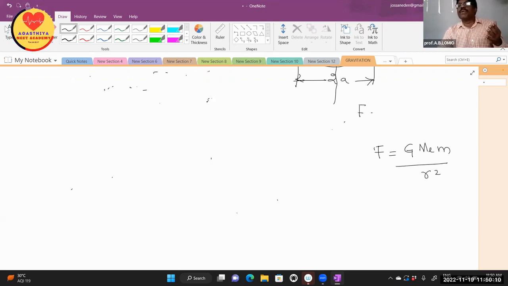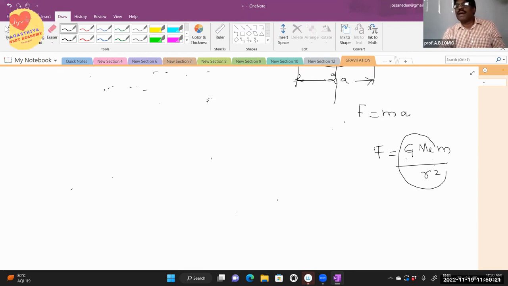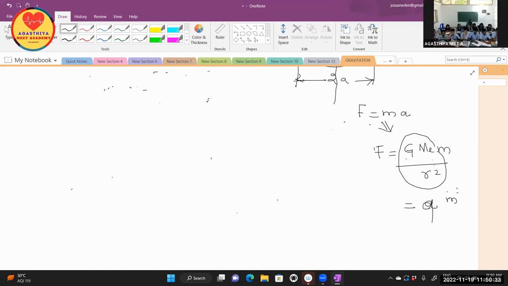Basically, we know that force is equal to mass into acceleration. Now, can we equate this value as a? Compare these two, and this one, m, is equated with g. Understand, students?